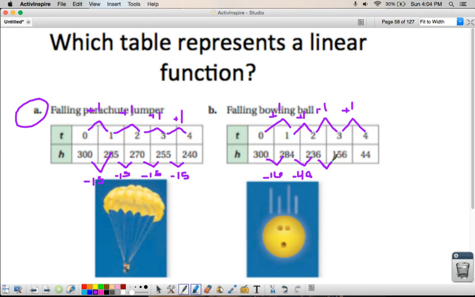From 236 to 156, I'm subtracting 80. And from 156 to 44, I'm subtracting 112. So yes, my input is all constant, but my output is not. So it is not a linear function.